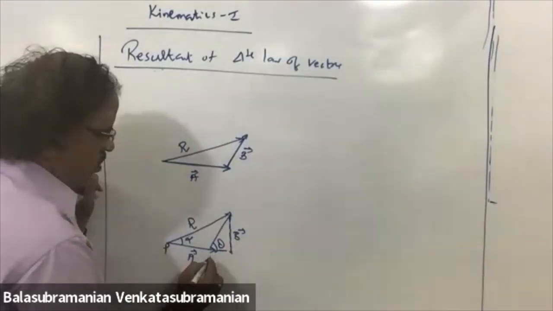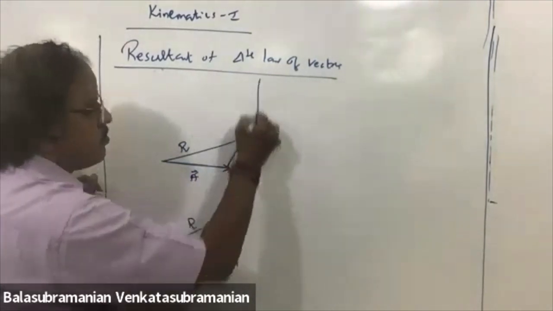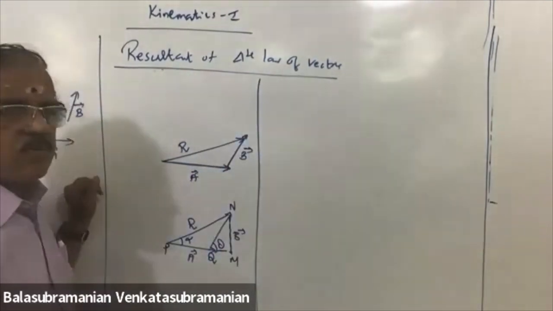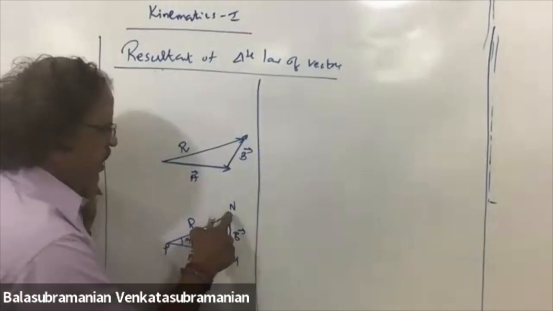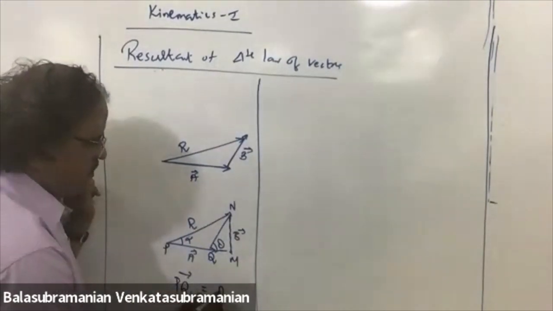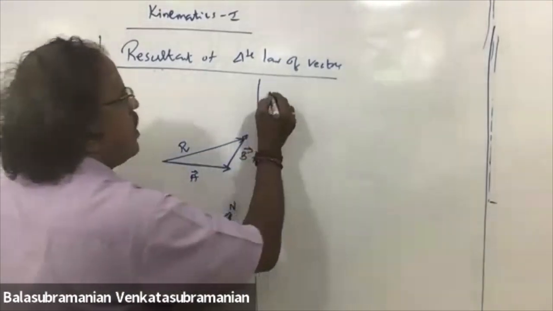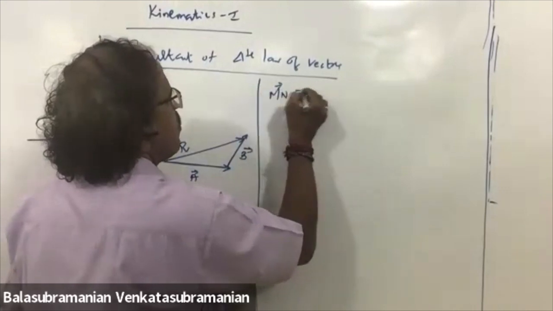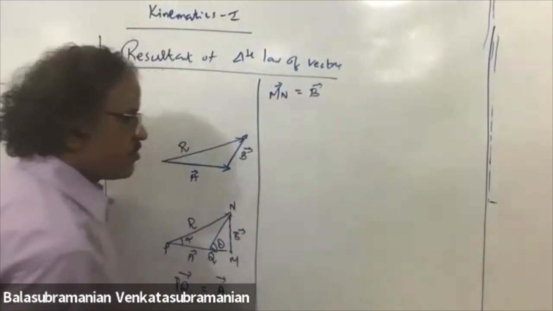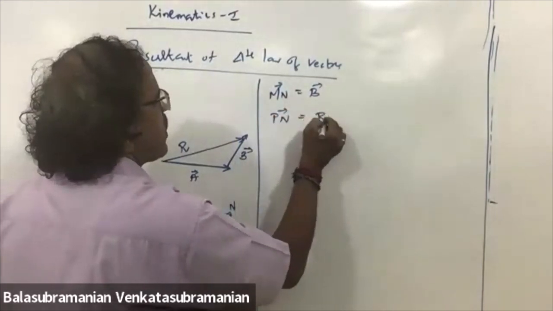P, Q, M, N, we name it. We need PN. Here, PQ vector is equal to A vector. MN vector is equal to B vector. PN is equal to R vector.